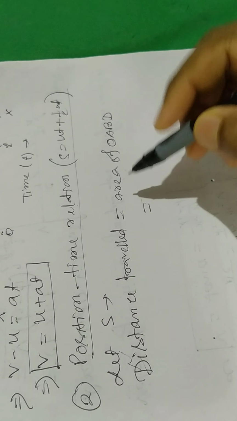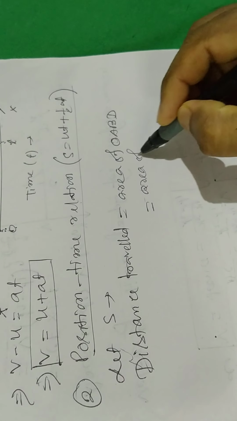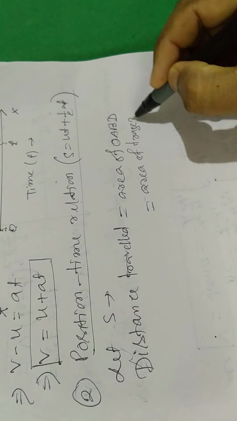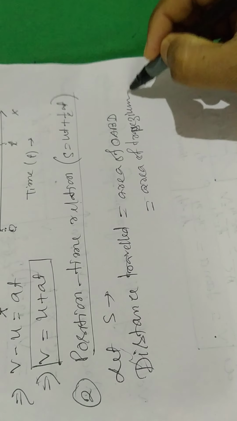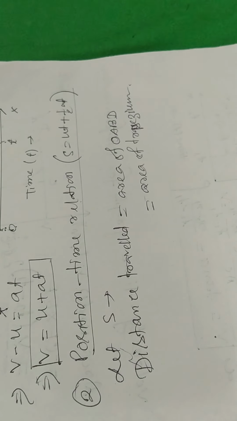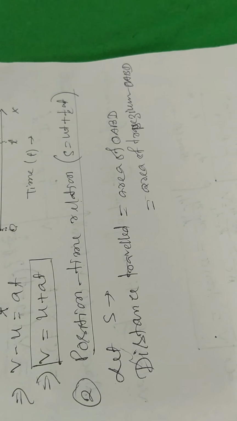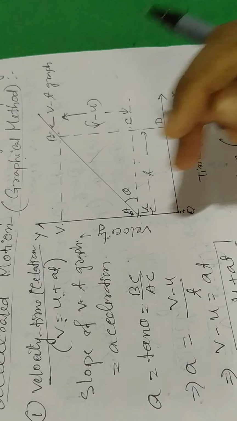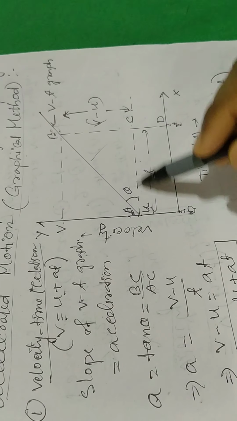Which is in the shape of a trapezium. The area of a trapezium is half into the sum of the two parallel sides into the distance between the two parallel sides.